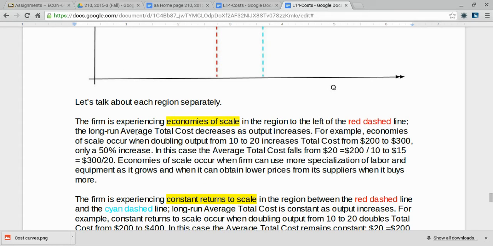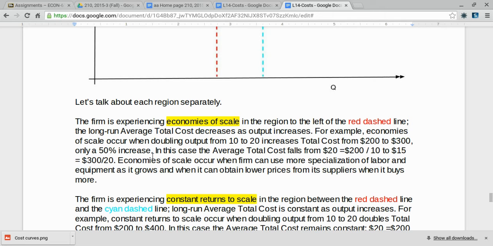Economies of scale occur when doubling output from 10 to 20 increases total cost from $200 to $300, only a 50% increase. In this case, the average total cost falls from $20, which is $200 divided by 10, to $15, which is $300 divided by 20.